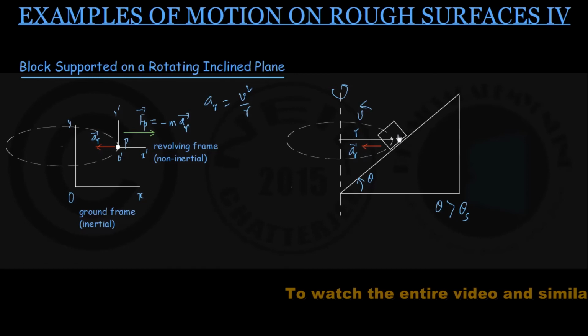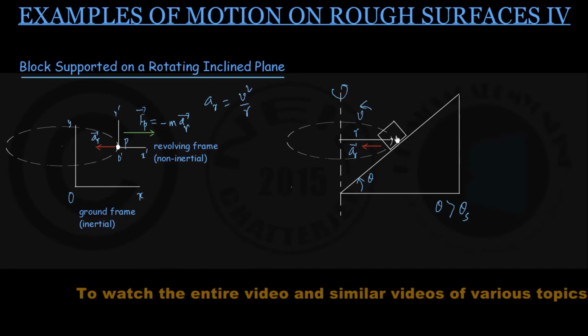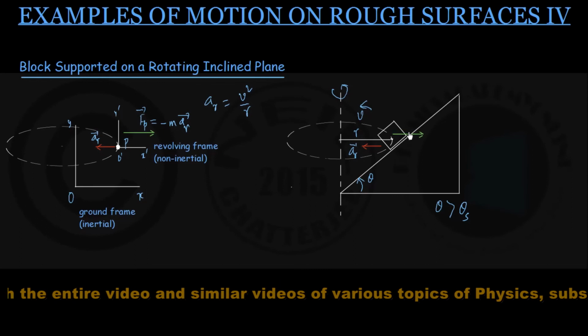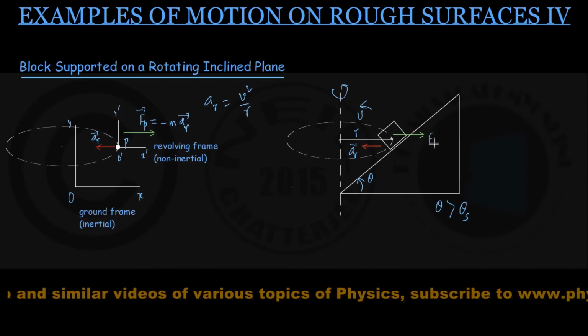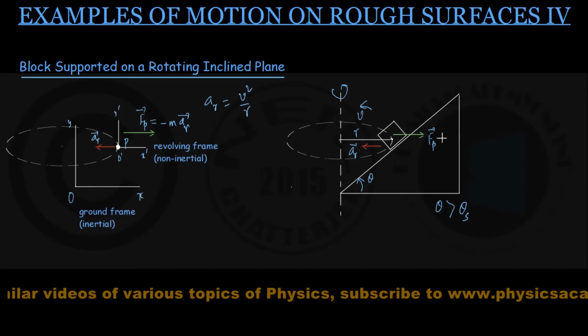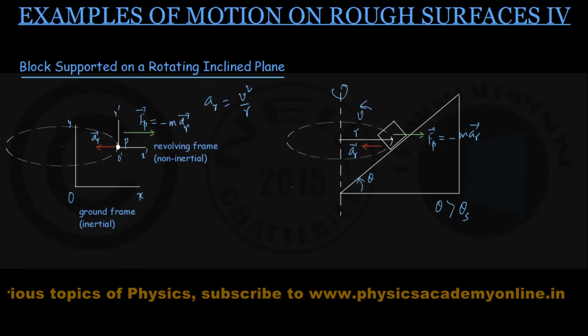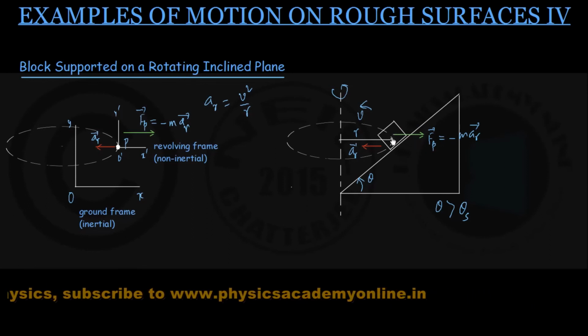And so in a frame attached to this block, the block experiences not only the real forces but also a pseudo force acting to the right in my figure, which is given by minus m a_R. Remember, this force is experienced only in a frame attached to the block itself.